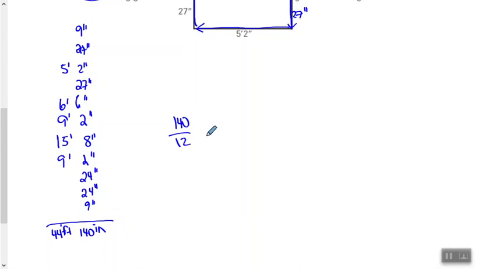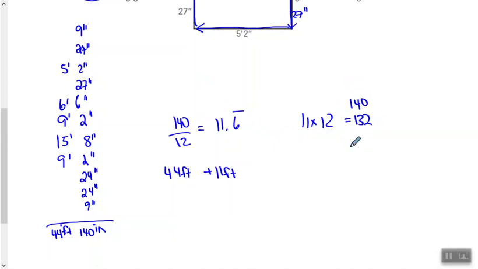So 140 divided by 12, we get 11.6 repeating. So I know that I have 11 full feet there. Okay, so I have 44 feet from adding my feet up, plus another 11 feet. And then how many inches will be left over? So if I quickly do my 11 feet that I have here times 12, I get 132.